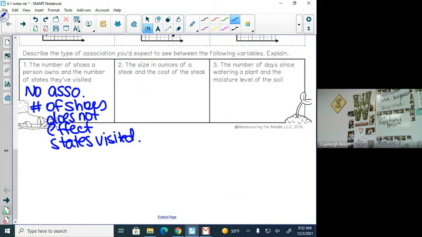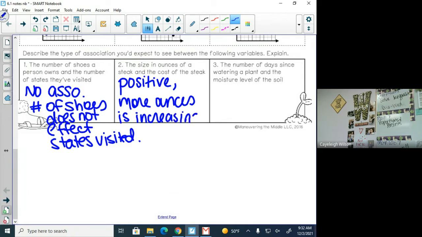It is positive, because the higher the ounces of the steak, the more it'll cost, right? So more ounces is a higher price, or is increasing the price, or the cost, or the money.